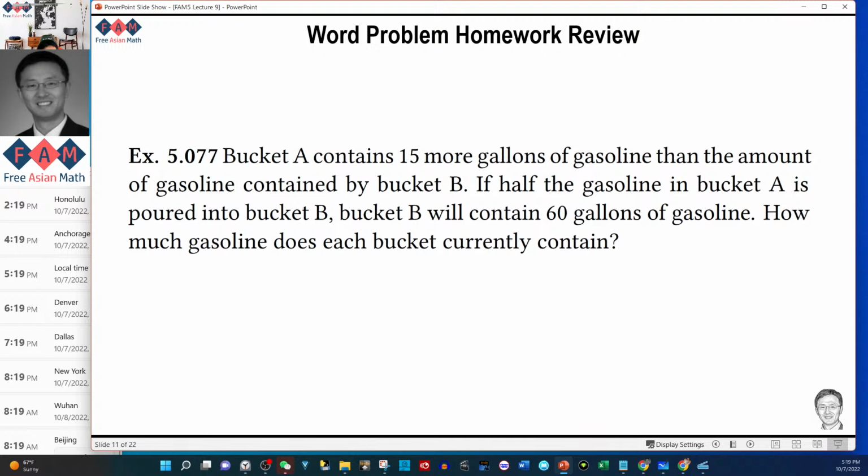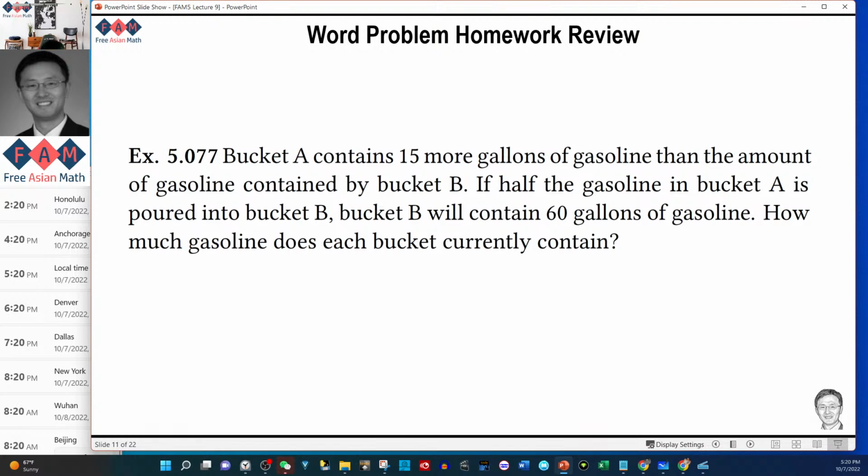Now if we combine them together, that new number 120 must be 2 copies of B and 1 copy of A, right? We have 15 gallons of surplus. We have 15 actual gallons if we put 2 B's together, right?